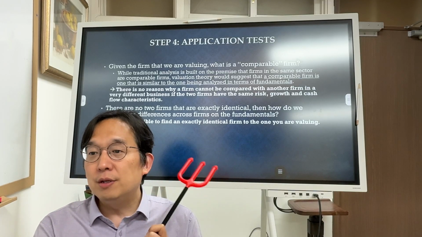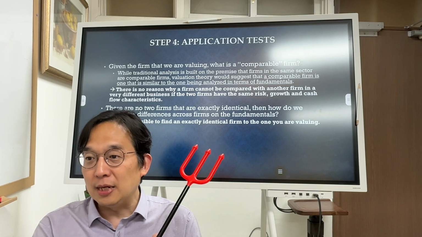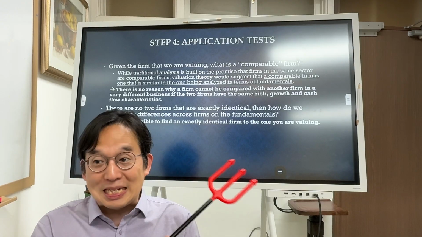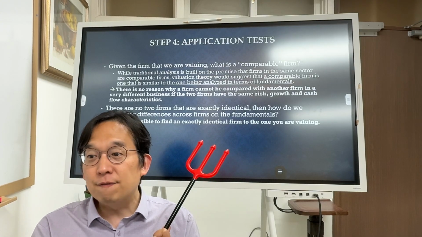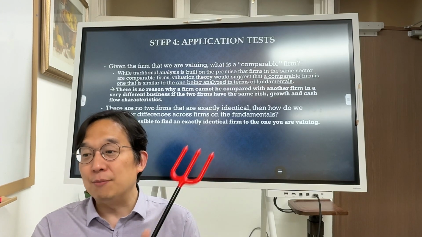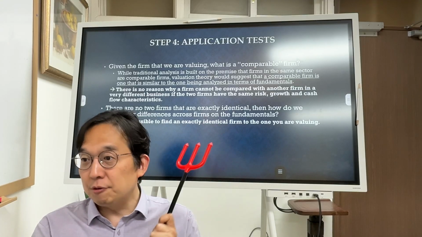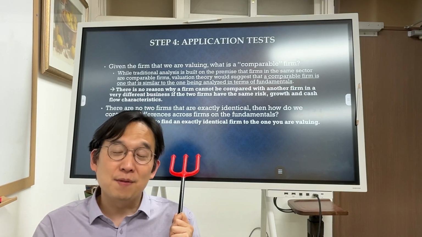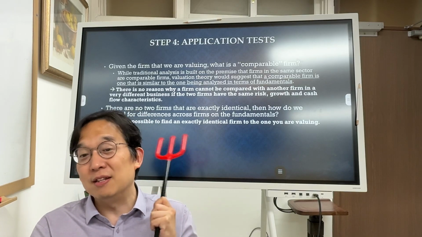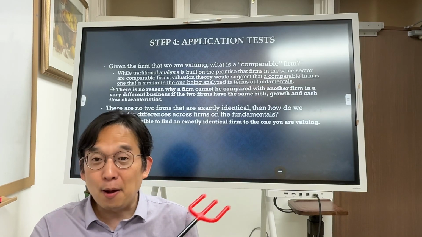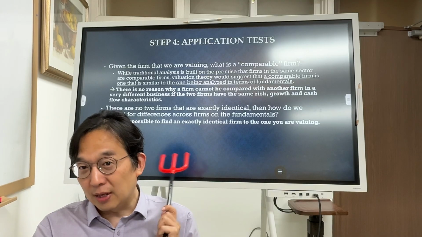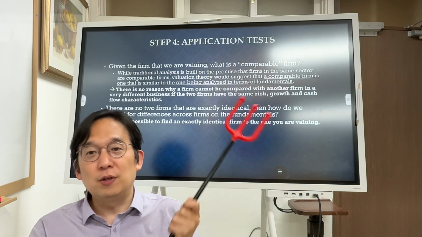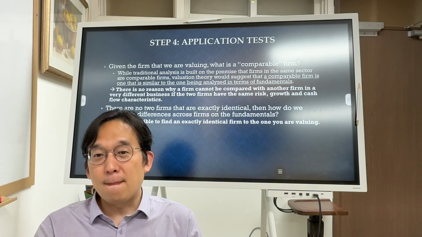That means there is no reason why a company cannot be compared with another company in a very different business, different industry, if the two companies have the same risk, same growth, and same cash flow characteristics. Of course, most of the time, such companies will be in the same industry, but sometimes the comparable companies can come from different industries, different countries, and things like that.